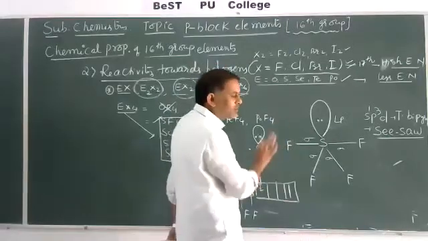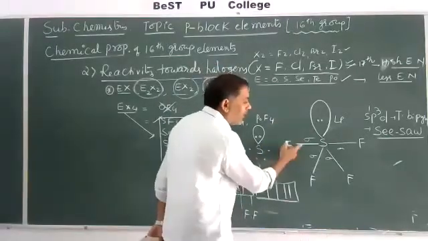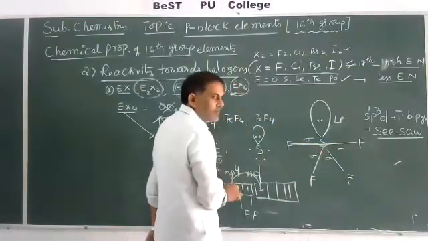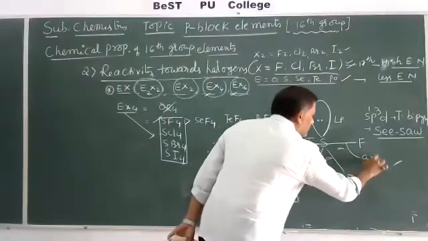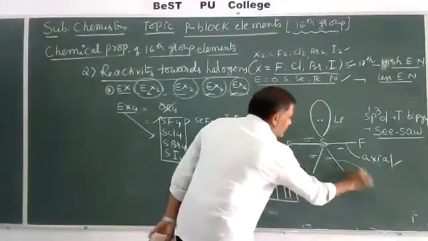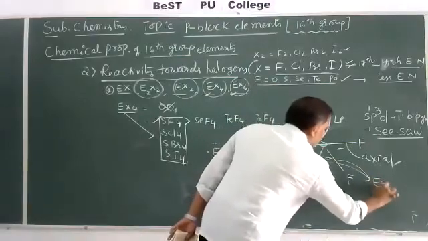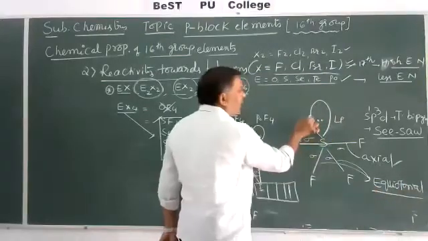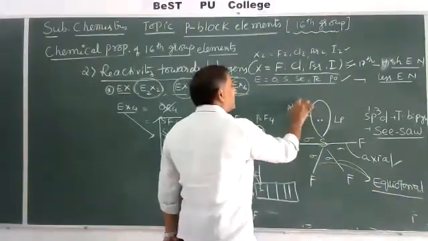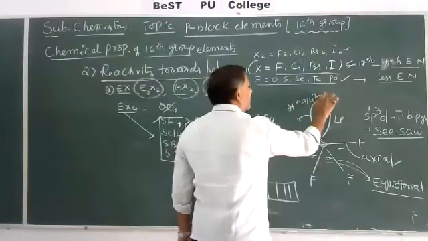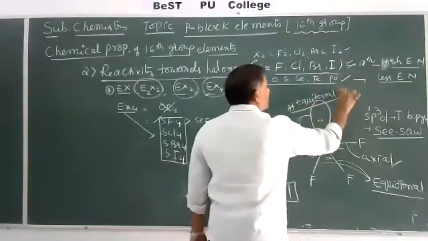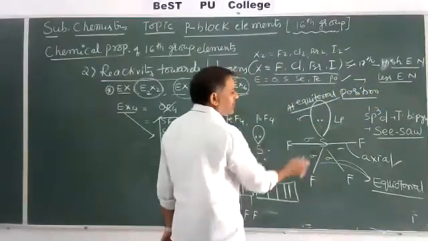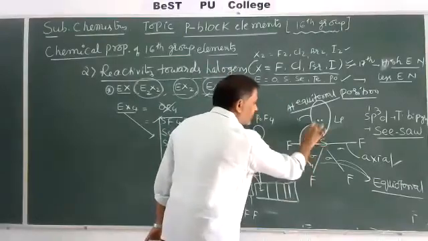Now here 5 electron pairs are there. Among these 5, 2 are axial bonds, these are the axial bonds, but these are the equatorial bonds. In the equatorial position, 1 lone pair is there. Due to the presence of this lone pair at the equatorial position, lone pair and bond pair repulsions take place.